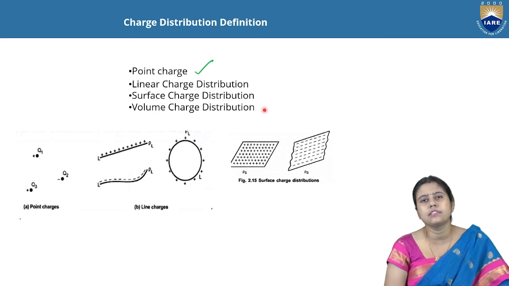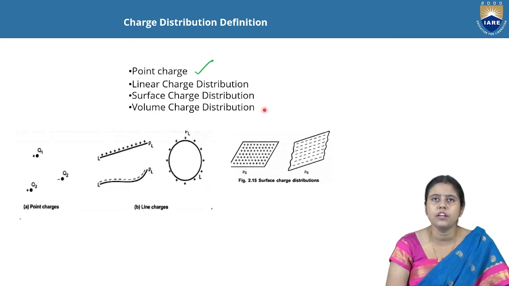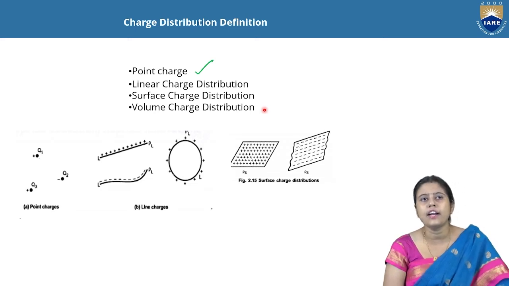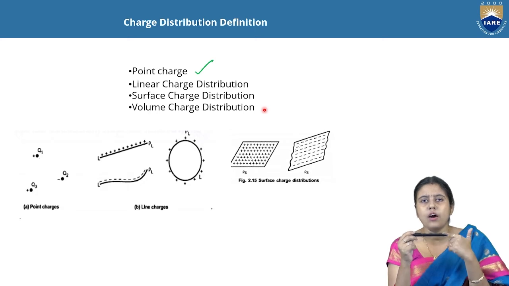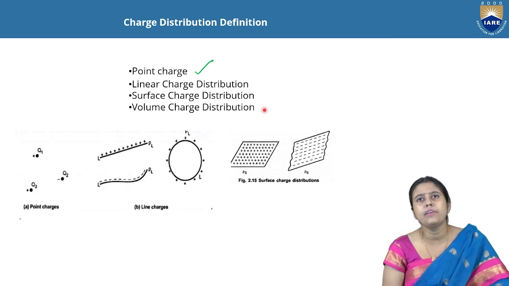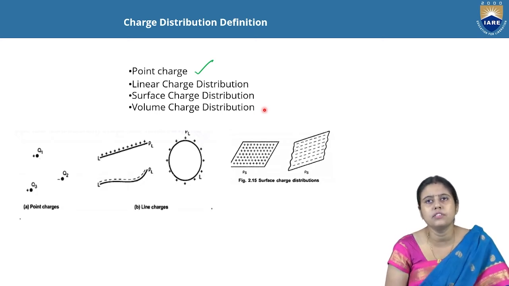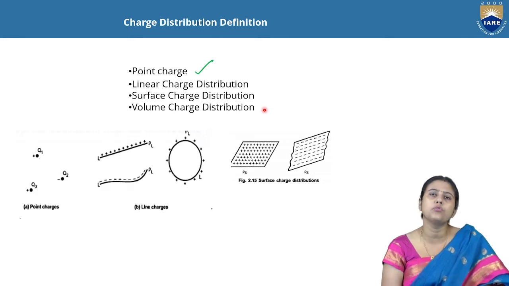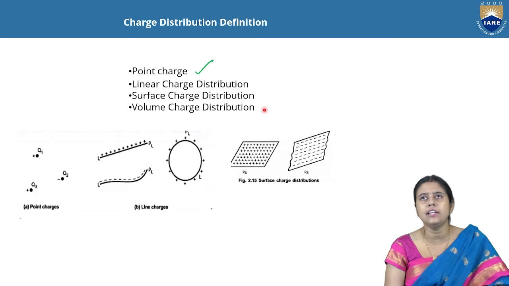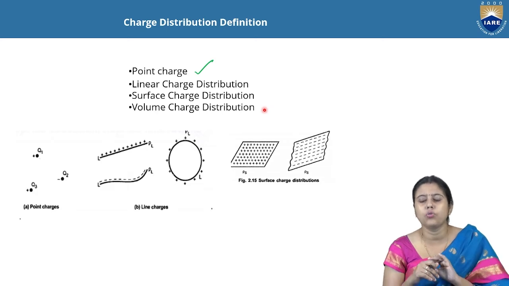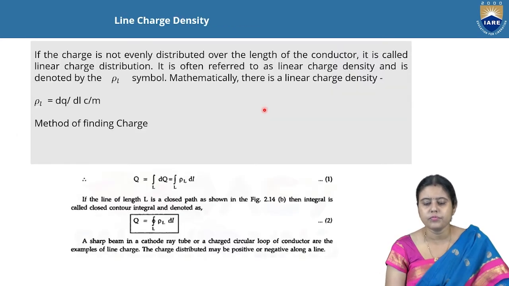And the last one is the volume charge distribution. Though we think that when current is passing through our overhead lines the charges reside on the outer surface, a minimum amount of charge will always be inside. So for that we use the volume charge distribution, where the charge is distributed along the total volume.